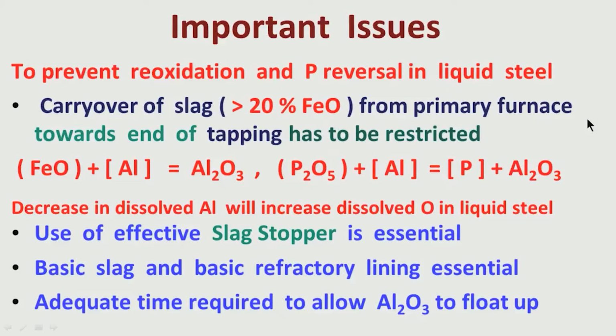Is this clear? Try to think over it, what is happening here. I have told that towards the end of tapping from the primary furnace to the ladle, there is a possibility of some slag getting carried over from the primary furnace to the ladle.